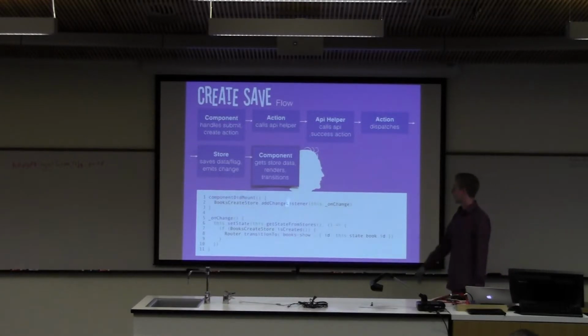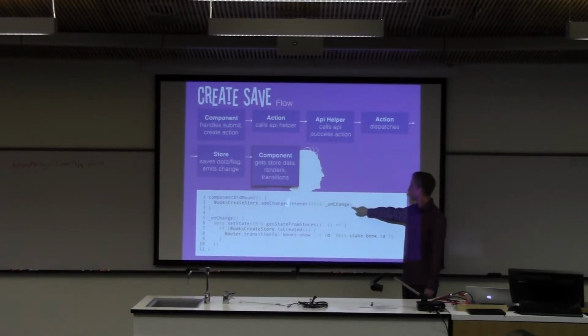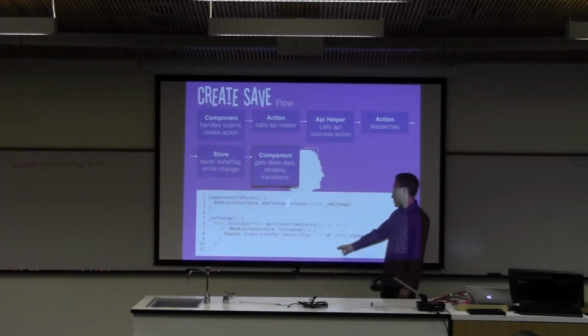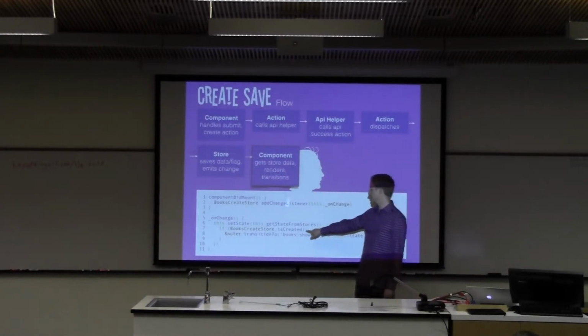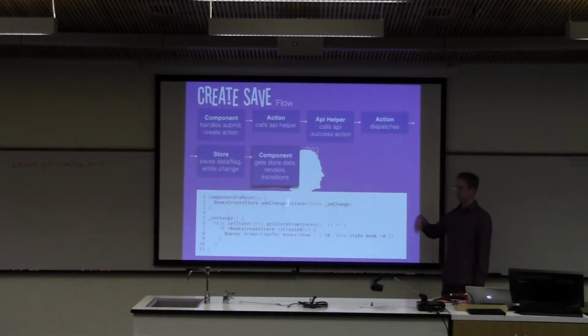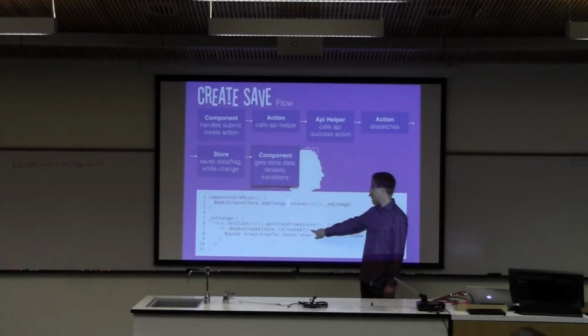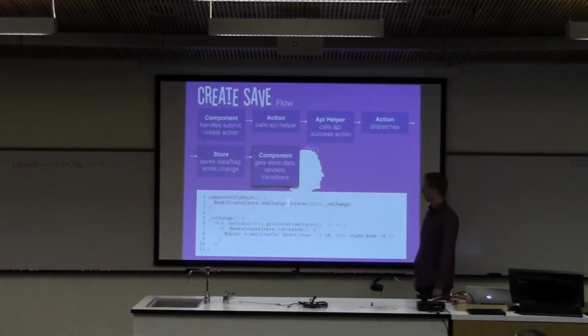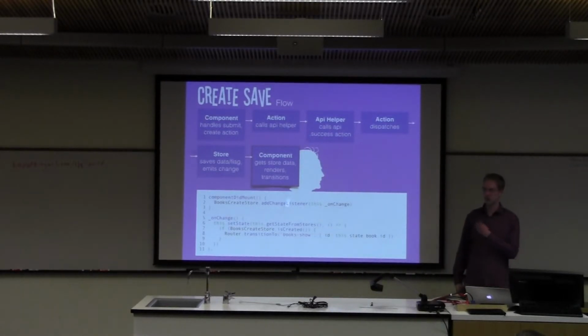And then the component can say, OK, I've said that I'm going to listen for your change. And now I'm going to pull out what I care about, which is this right here. So you'll see, imagine a flow where once I create the book, if it was created, I'm going to transition to the show page. So now I'm off the form, and I'm just looking at the kind of read-only version of that page. Any questions about that particular flow?